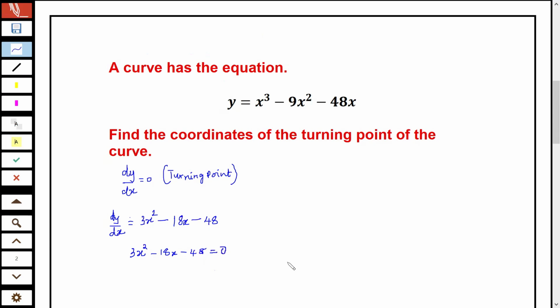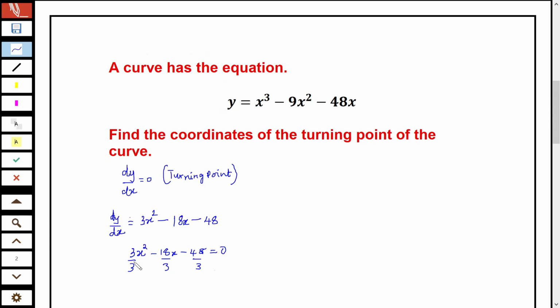equal to 0. We have a quadratic equation now, and to simplify further, we have to simplify the coefficients of this equation in order to apply the quadratic formula method. So I'm going to simplify by dividing the entire equation by 3, which is a common factor, or the highest common factor.